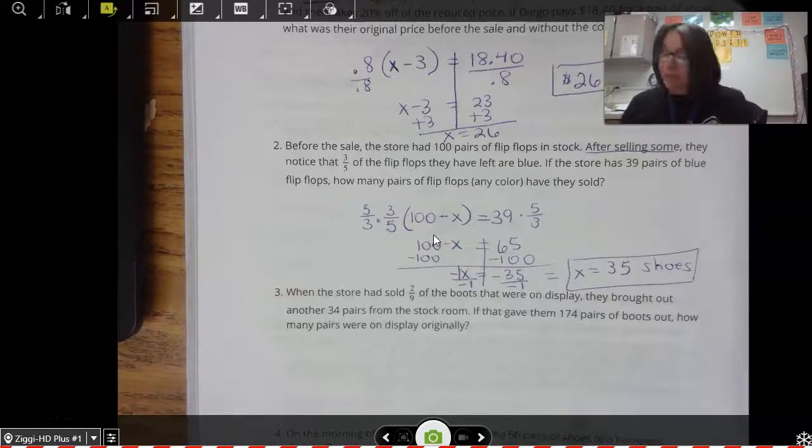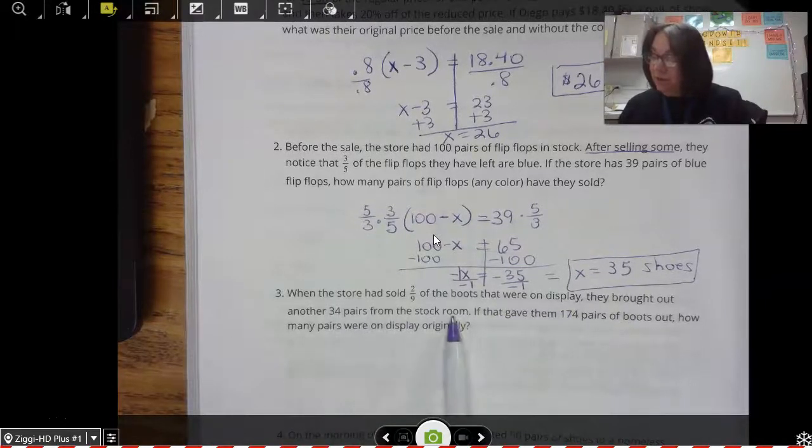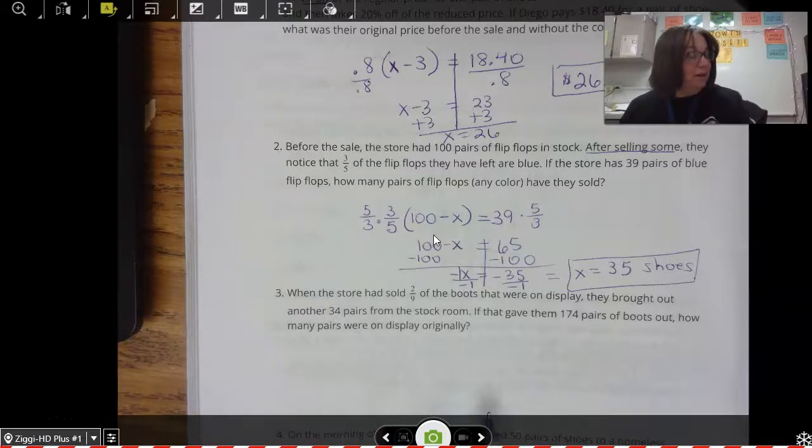Okay, number 3. When the store had sold 2/9 of the boots that were on display, they brought out another 34 pairs from the stockroom. If that gave them 174 pair of boots out, how many boots were on the display originally?